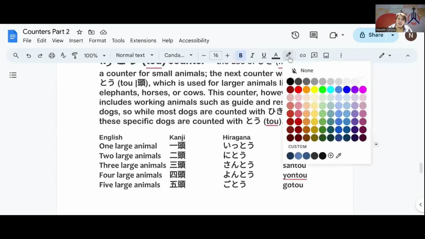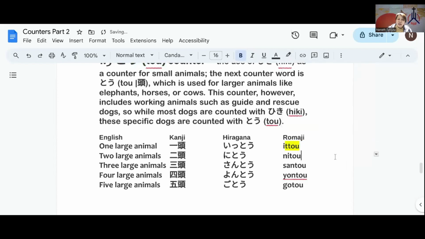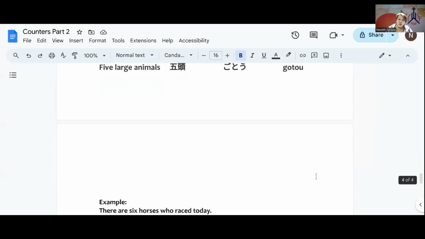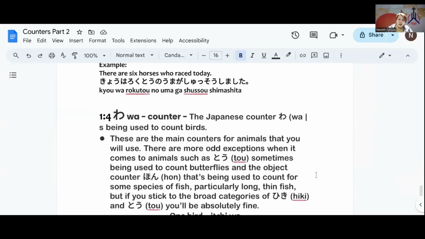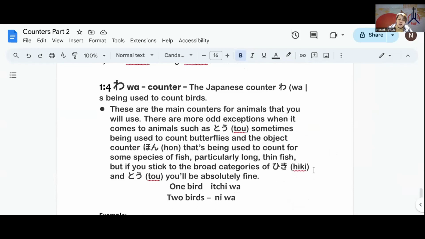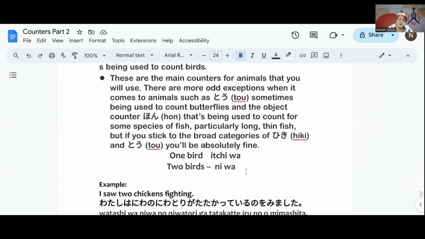The one is pronounced as ito. And the rest is the same: nito, santo, yonto, goto. And then the wa is for birds. One bird is ichiwa, two birds are niwa.